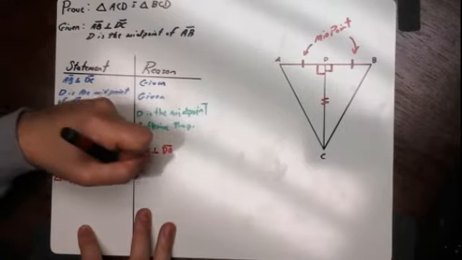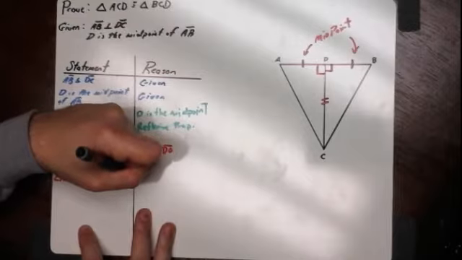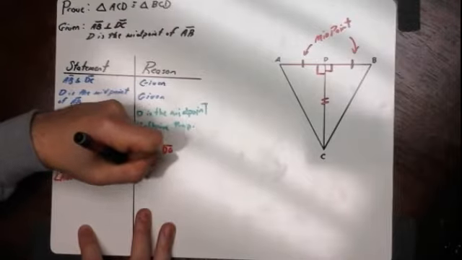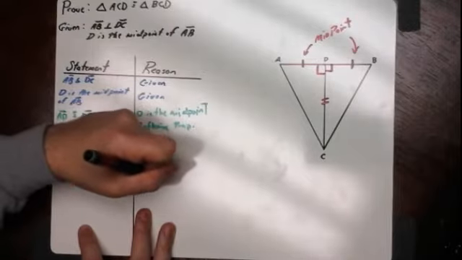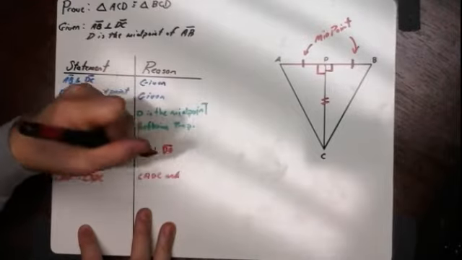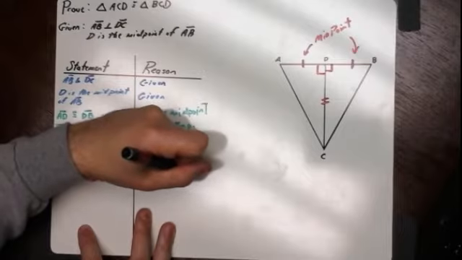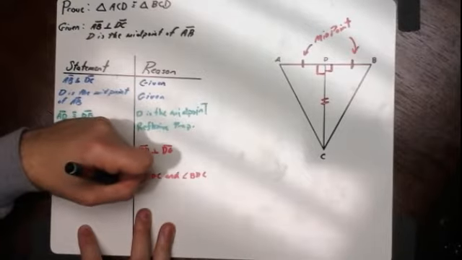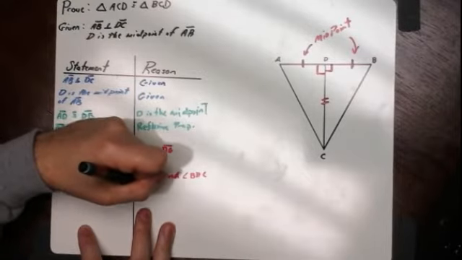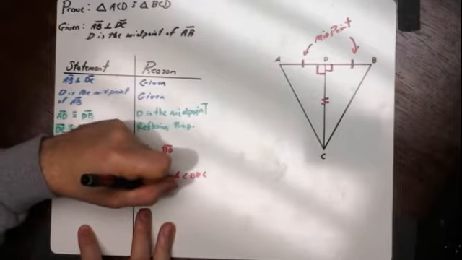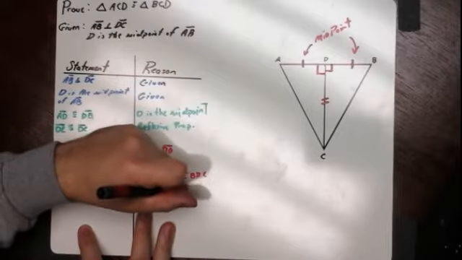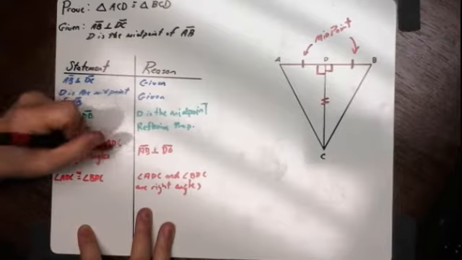Right? So now I'm going to have to try to write that in there without smudging this proof up. So ADC and BDC are right angles. Okay.